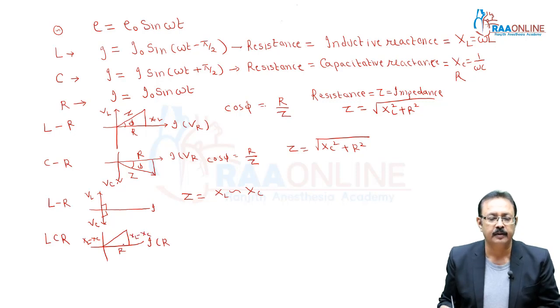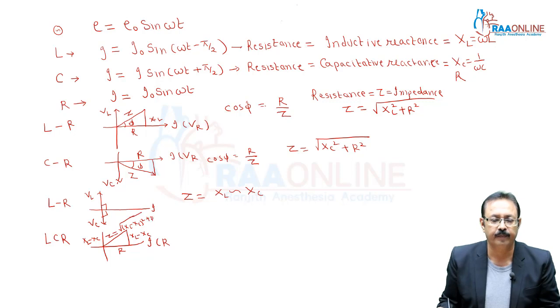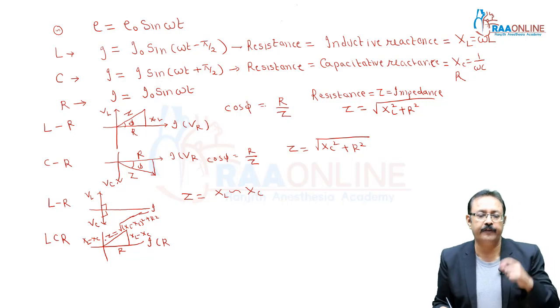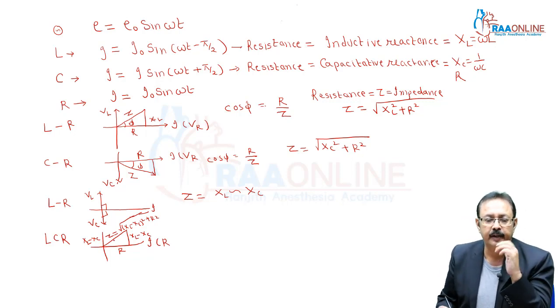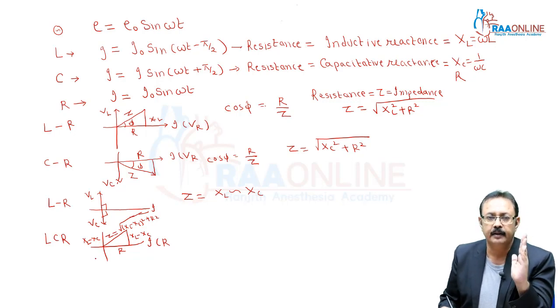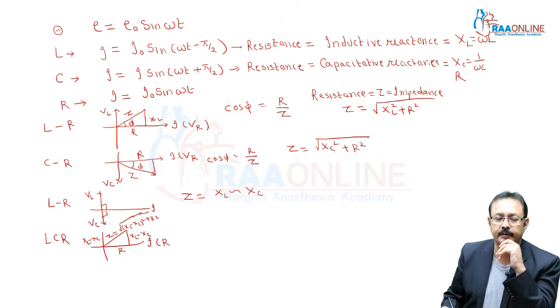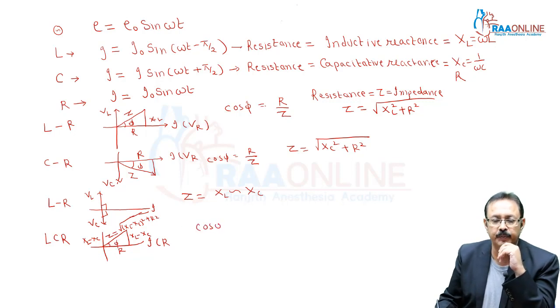It is R. So Z you will get under root XL minus XC square plus R square. Means if XL is greater than XC, then voltage will lead. If XC is greater than XL, then current will lead. And you are able to calculate phi. Cos phi is equal to R upon Z.